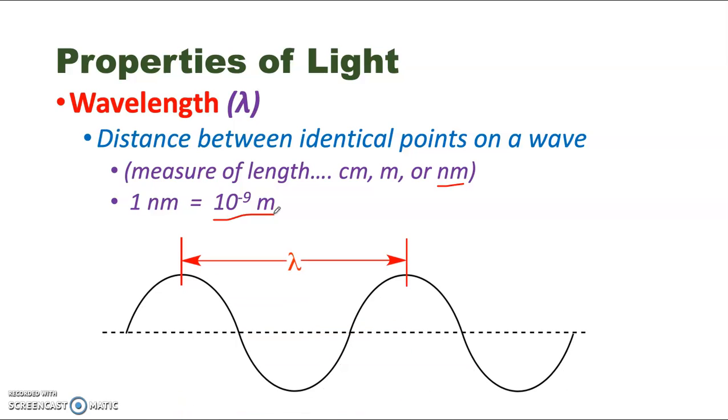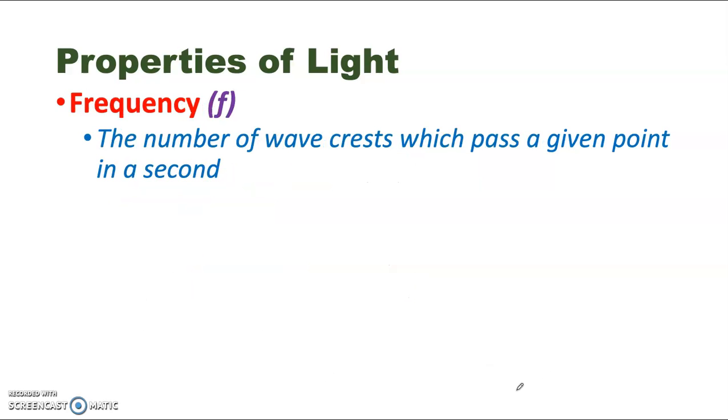So here's a picture of what a wavelength is. You can measure it from crest to crest, or you could even measure it if you wanted to from trough to trough. It just has to be 2 identical points on adjacent waves. Now frequency. Frequency is a little trickier to understand sometimes, but it's how many waves pass a given point every second.